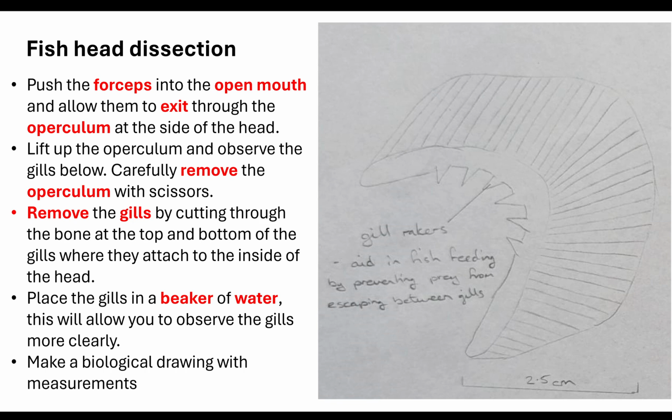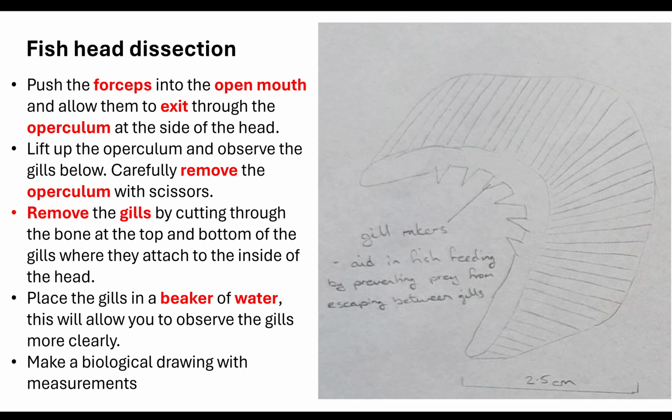What that will do is show you the flow of water going into the mouth and out of the operculum. What you then want to do is lift up the operculum and be able to see the gills below. Now, you then want to remove the operculum with a pair of scissors. By removing the operculum, that will allow you to observe the gills more clearly.